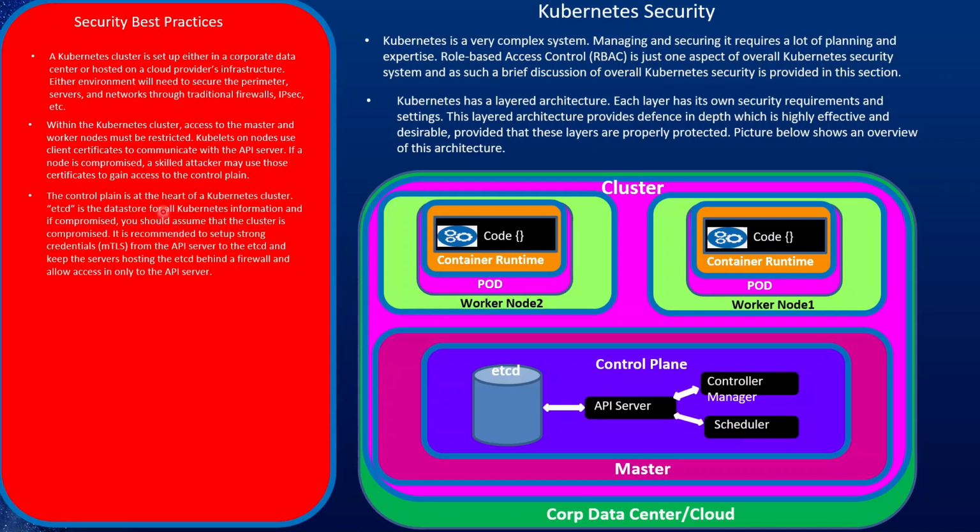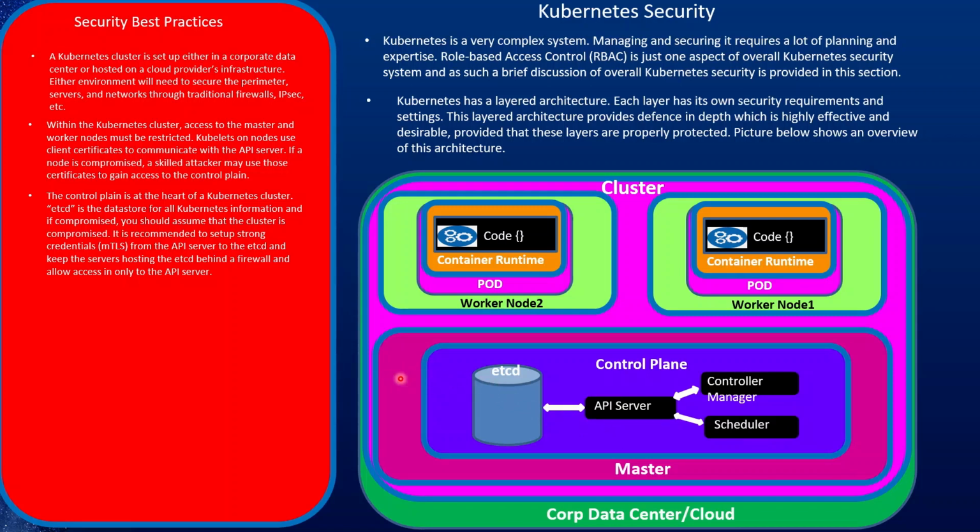The control plane is at the heart of the Kubernetes cluster, obviously. etcd is the data source for all Kubernetes information and settings that we talked about. If compromised, you should assume that the cluster is compromised. etcd can either be installed on the master or on a different server.